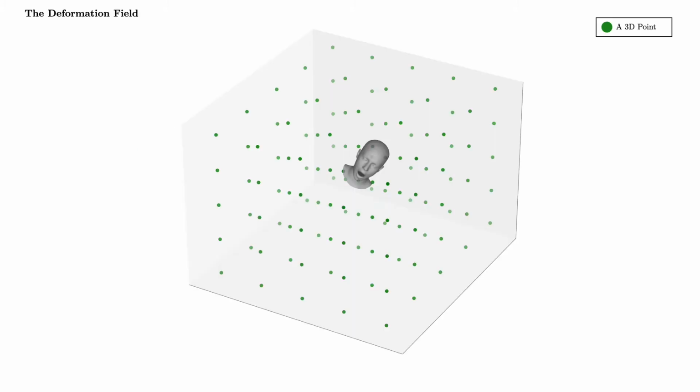We now visualize the deformation field that maps 3D points from the deformed space to the canonical space. The canonical space is defined as the space where the 3D has zero head pose and a neutral facial expression. First, we calculate the transformation of the 3D vertices to the canonical space by subtracting their deformed coordinates from their canonical coordinates.